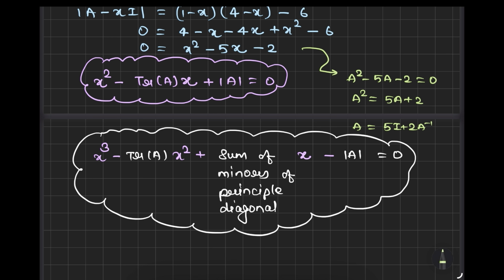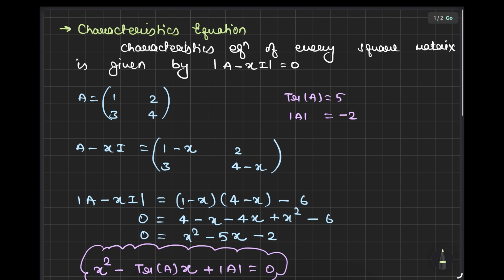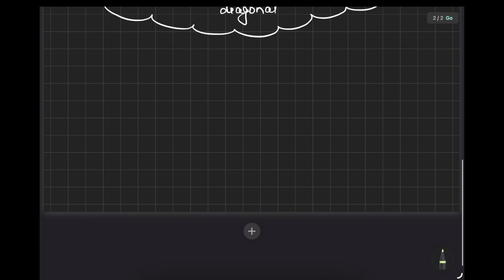So directly you can find out A inverse as A minus 5I by 2. Done. So if there is a requirement of finding A inverse, we can use the characteristic equation. If there is a requirement of converting a higher degree polynomial into lower degree, we can use the characteristic equation. I hope these two ideas are clear.